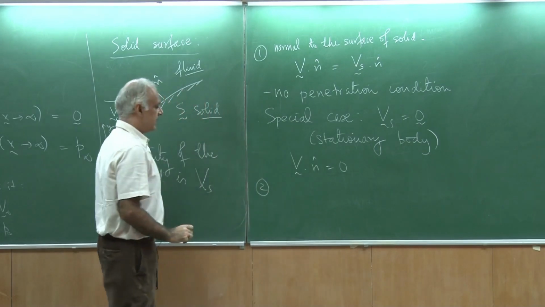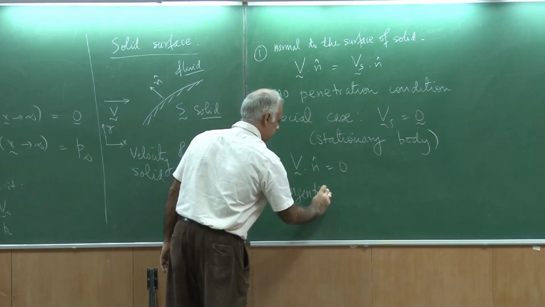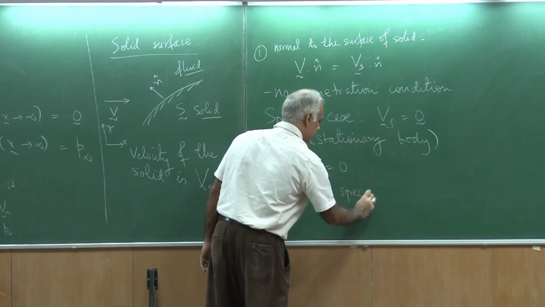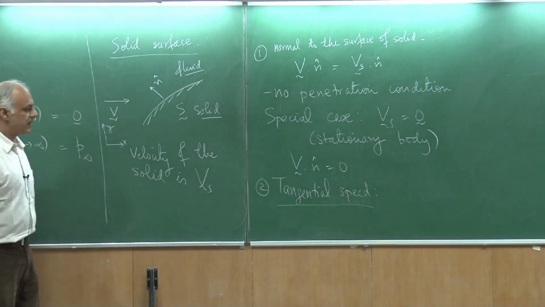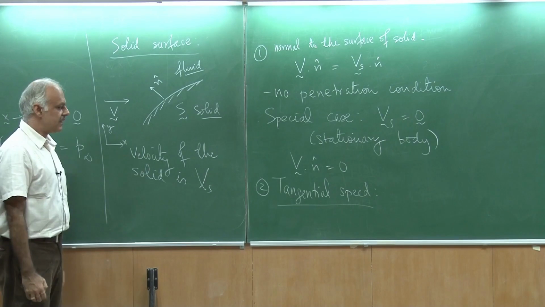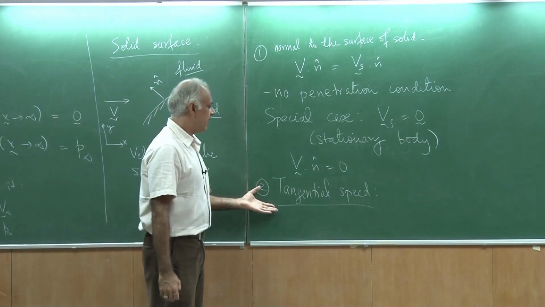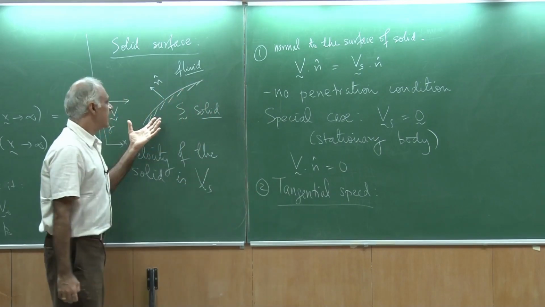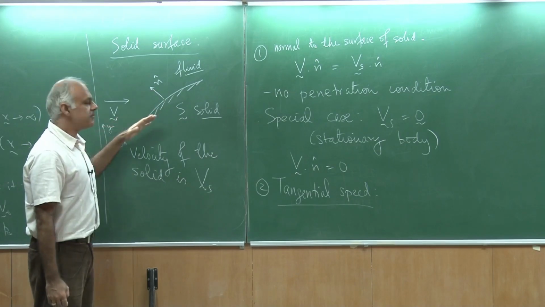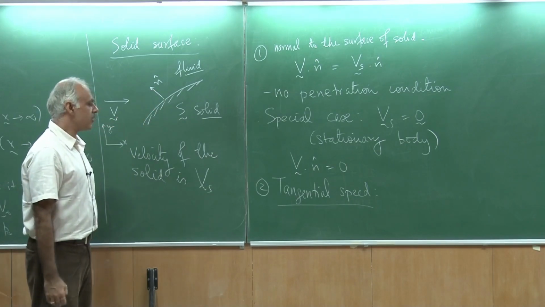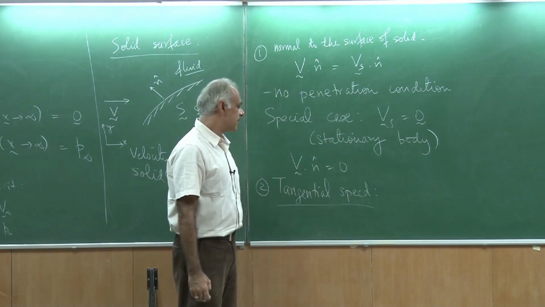What about tangential speed? Now, people have done a lot of experiments and what they find is that in general fluid particles that are close to the solid surface move with the same speed as the speed of the solid surface. There is no proof of this, but this is largely from observations.